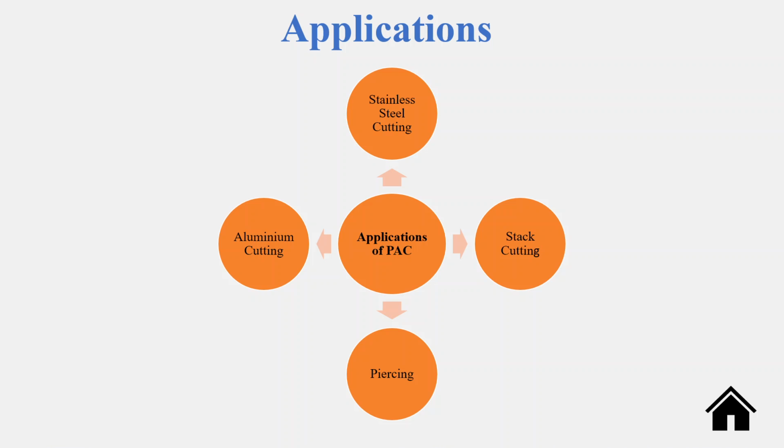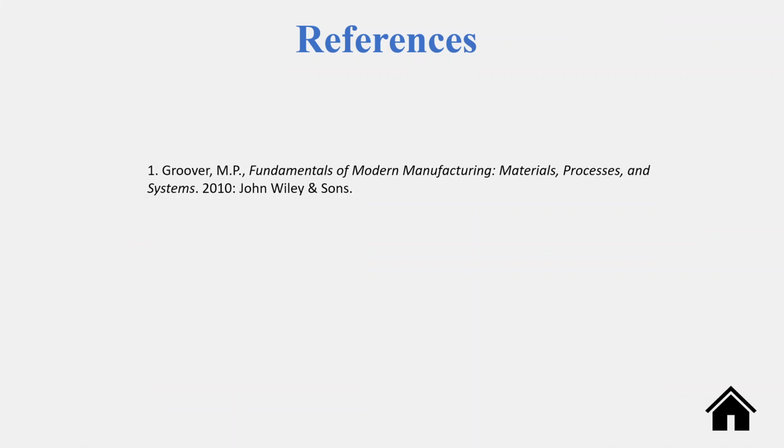And then it is used for stack cutting, where you can stack the metal and then cut it. And it is used for making holes, that is piercing. And aluminum is also cut because aluminum is very thin and it can create a very fine cut over the aluminum surface too.